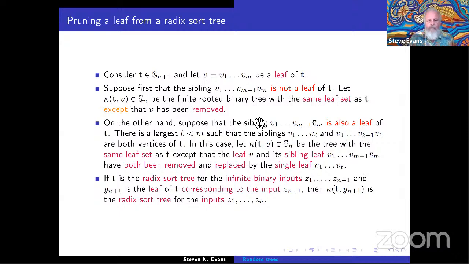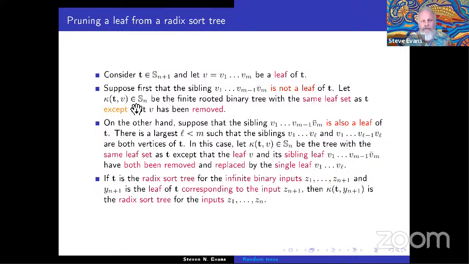So there are two cases to consider. The first case is the easy one, which is not the one illustrated in that picture I just showed you, where the sibling of the leaf V that we're pruning is not a leaf of the tree.